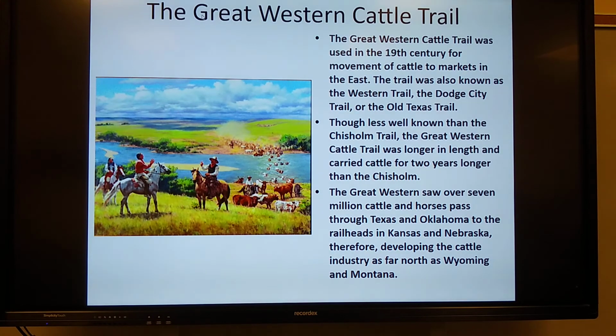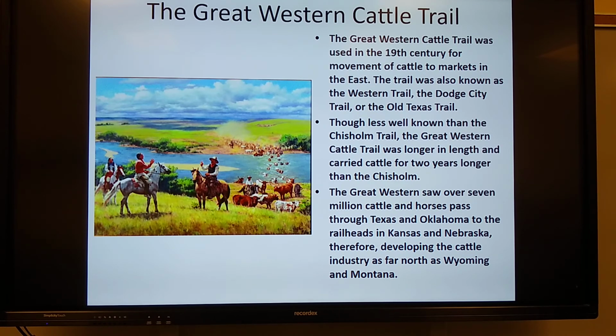The Great Western Cattle Trail. The Great Western Cattle Trail was used in the 19th century for movement of cattle to markets in the east. The trail was also known as the Western Trail, the Dodge City Trail, or the Old Texas Trail. Though less well known than the Chisholm Trail, the Great Western Cattle Trail was longer in length and carried cattle for 2 years longer than the Chisholm.